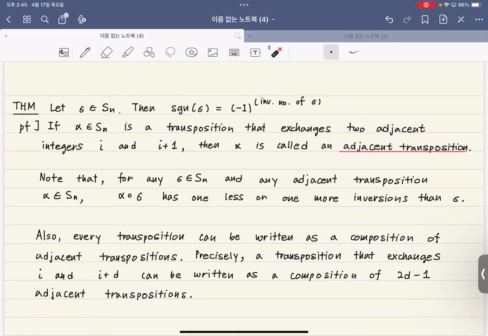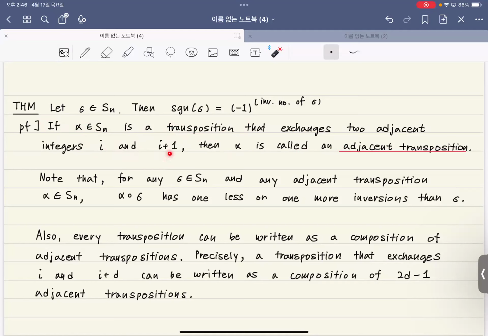To prove this, I had to come up with another silly notation called the adjacent transpositions. So what is an adjacent transposition? A permutation alpha is called an adjacent transposition if alpha is a transposition that exchanges two adjacent integers, i and i plus 1.